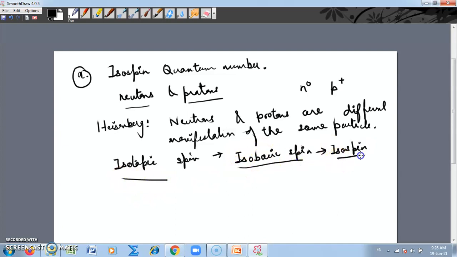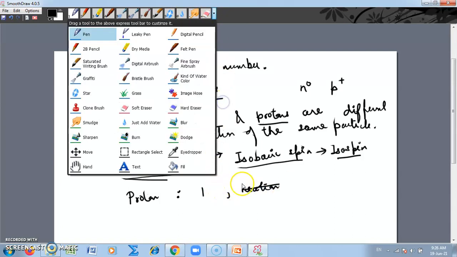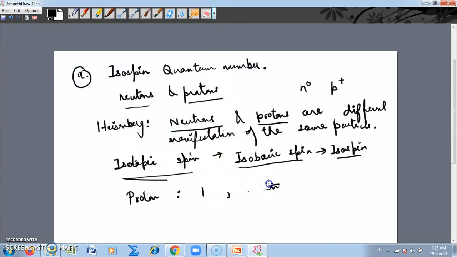This is that particular characteristic or quantum number that differentiates a proton from a neutron, and it was assumed that a proton has an isospin of +1 and a neutron has an isospin of -1.